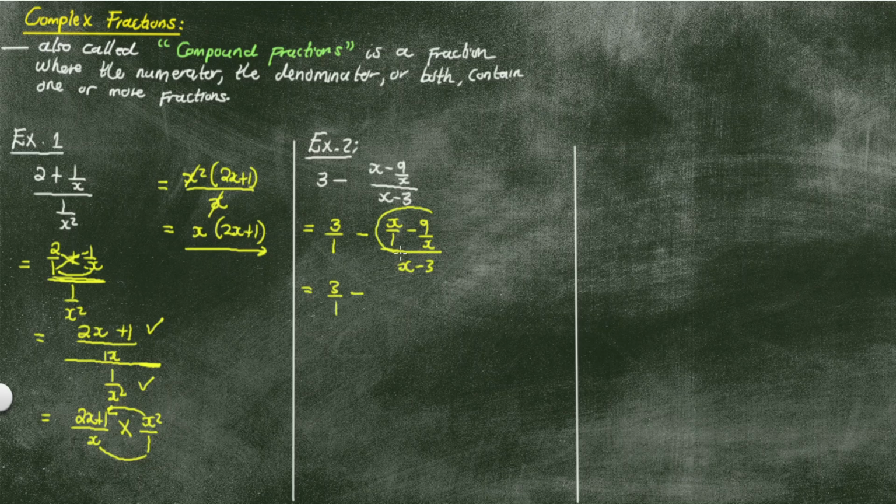Then we simplify the numerator first. So what you do with complex fractions, you start off by simplifying the smaller fractions first. That is why I'm starting with the numerator here.